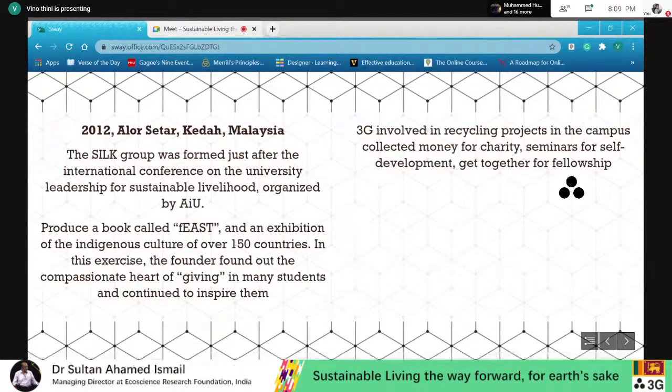Due to that, our founder, Mr. John, found out that there is a compassionate heart of giving among our students in AIU. So he wanted to continue to inspire everyone. Hence, he started 3G, involving recycling projects in the campus, charity projects, seminars, self-development, and a small get-together fellowship with students from about 50 countries.